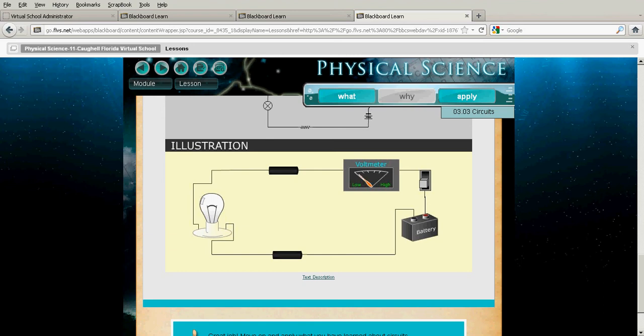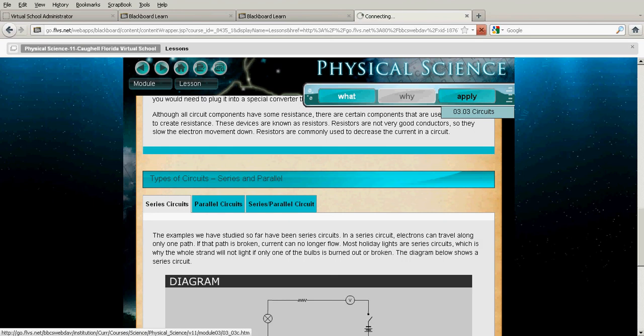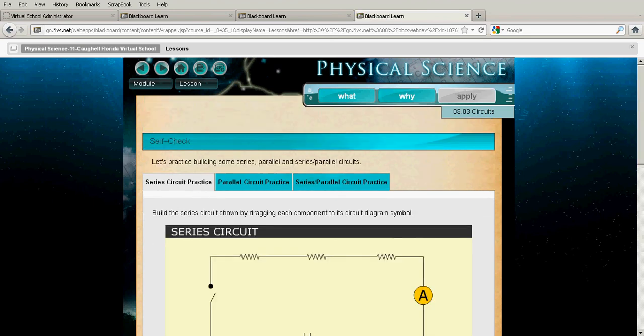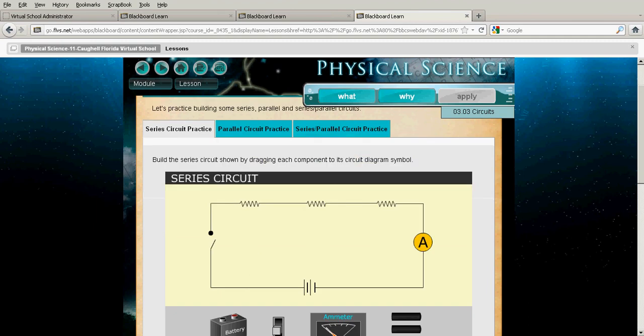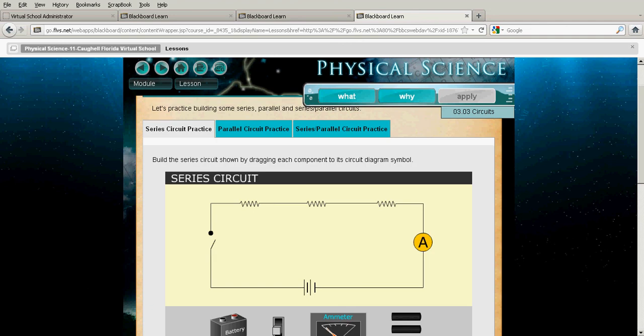So remember we talked about how it has to have the battery where the volts are provided, and this is a resistor. These black parts are resistors, and it'll do work here. The voltmeter measures the voltage, and then we have the switch to turn it on or off. All right, what we can do is drag these into the different locations.